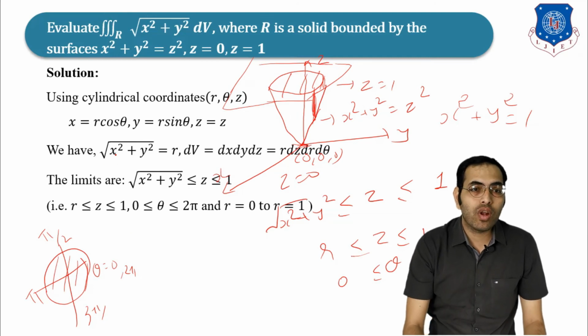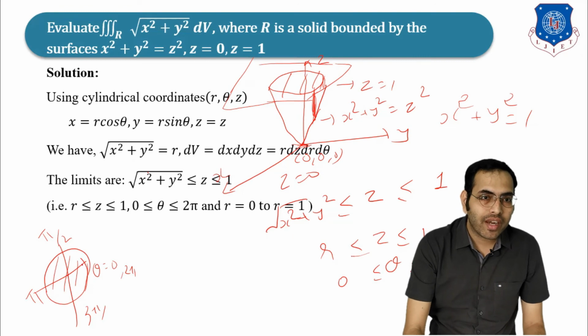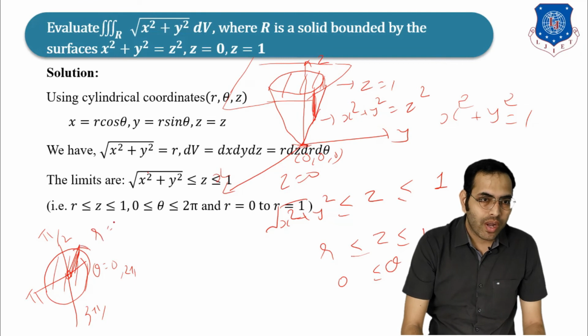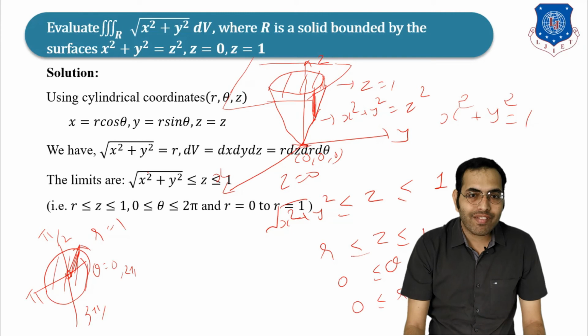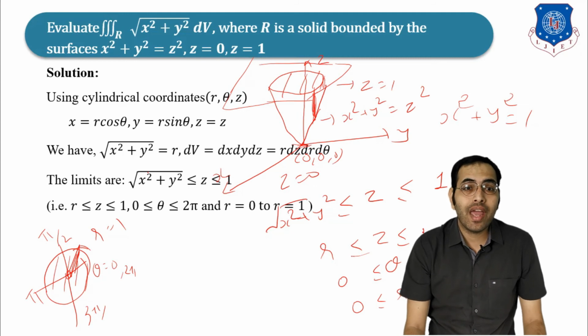Making an angular strip, the elementary radius vector from the origin has r equal to 0 at the origin and r equal to 1 at the boundary, so r varies from 0 to 1. Those are the limits of z, theta and r.